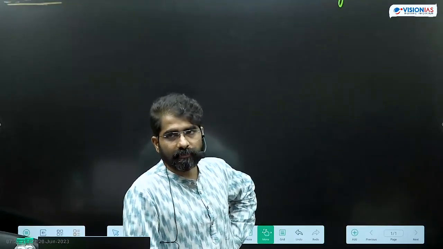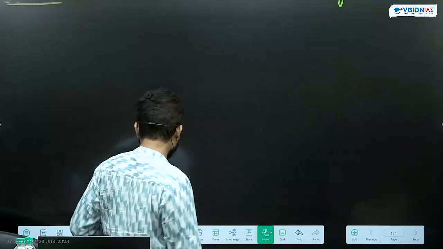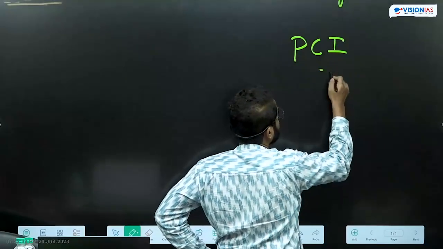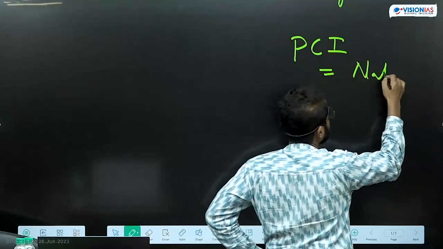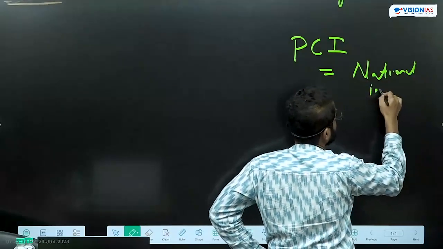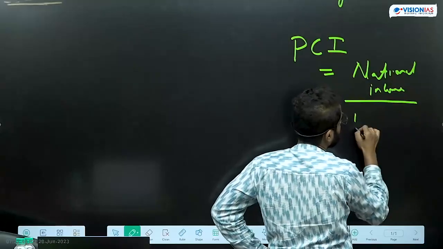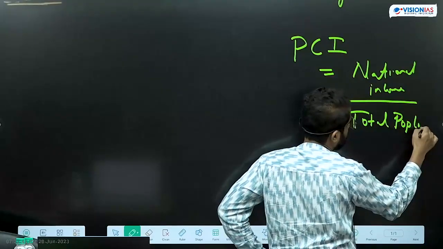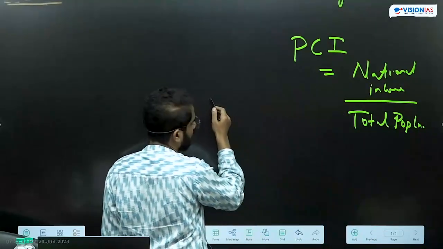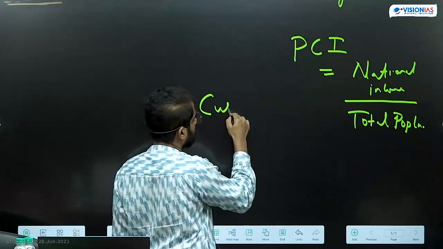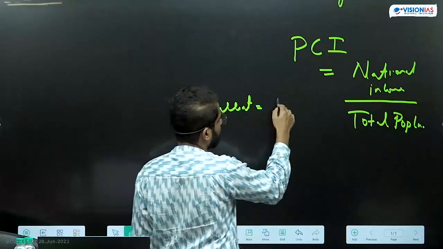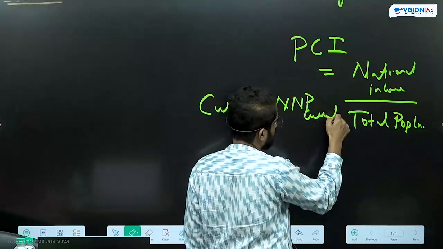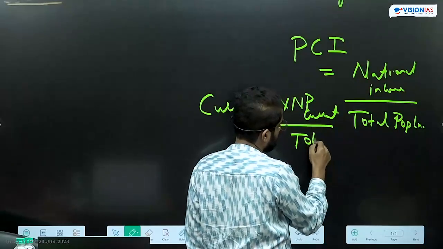Now see, we have understood what per capita income is. Generally per capita income is the national income divided by the total population. So at current prices, it is NNP at current prices divided by the total population.